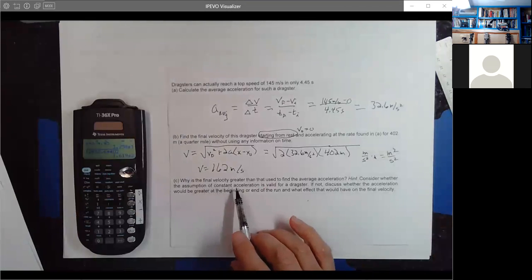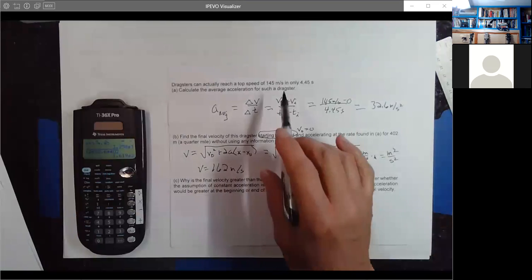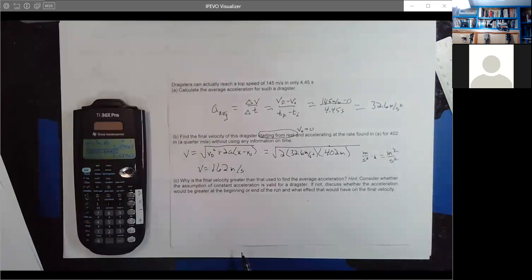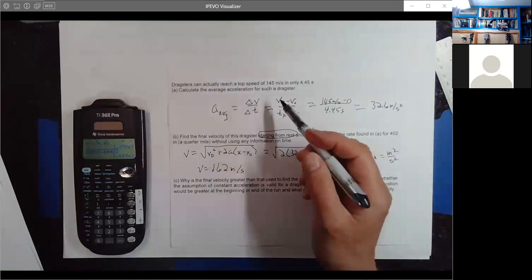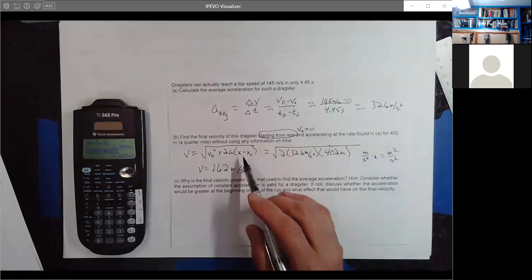Okay, so the question here is, why is the final velocity greater than that used to find the average acceleration? Well, when it had that speed of 145 meters per second, that wasn't necessarily the end of the acceleration. Maybe it continued to accelerate.